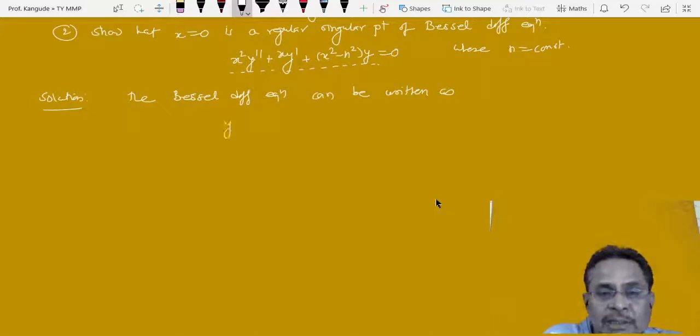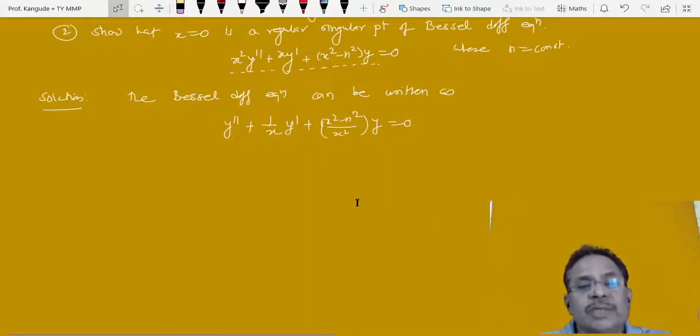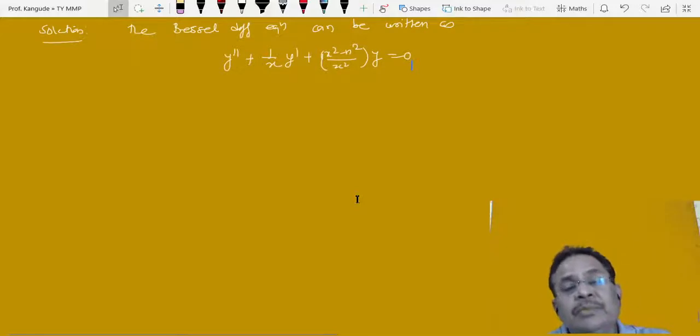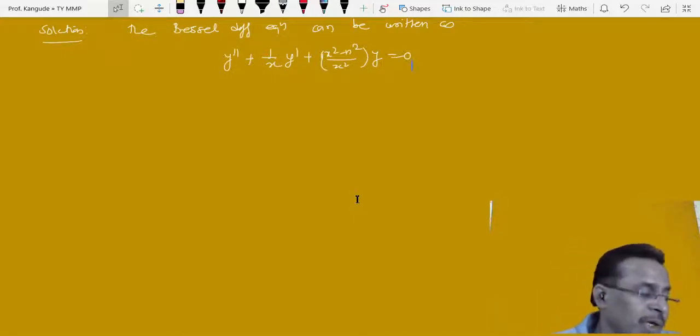Then I'll get y double dash plus, one of the x will get cancelled, so 1 upon x into y dash plus x square minus n square upon x square into y is equal to 0. So this Bessel differential equation has been rearranged by dividing each and every term by x square. I'll get y double dash plus 1 upon x into y dash plus in the bracket x square minus n square upon x square into y is equal to 0.